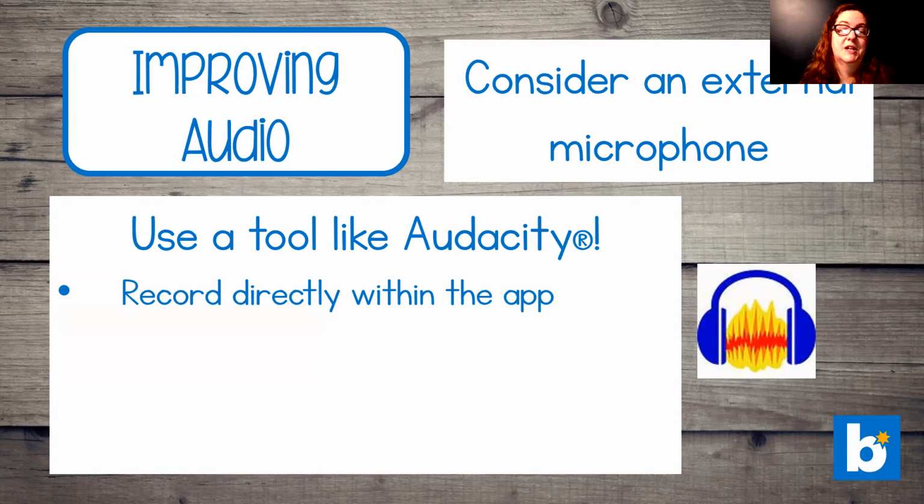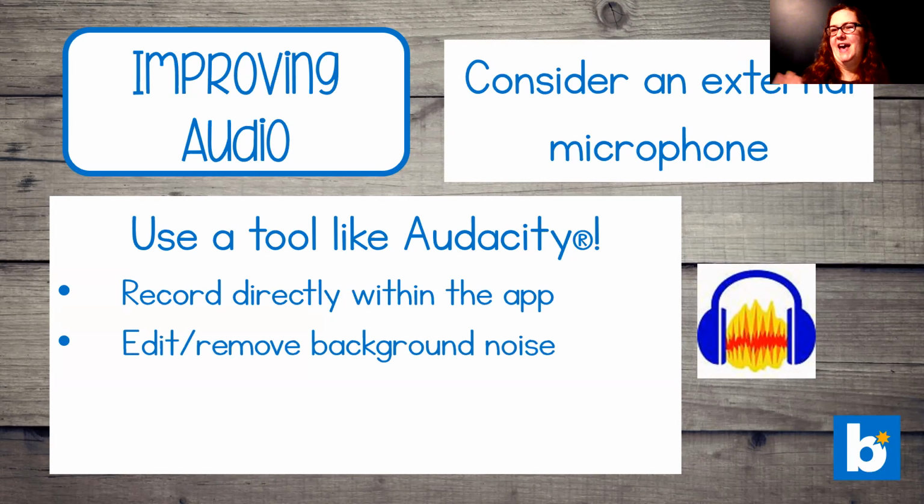So that is an option. And the nice thing is then you can edit and remove some of the background noise. So if you don't have access to a microphone, that is another way to improve the audio quality before you upload it to Boom. That's not necessary, but if you want it even better, that's what I do, to try to make my audio a little bit better on my Boom Cards.